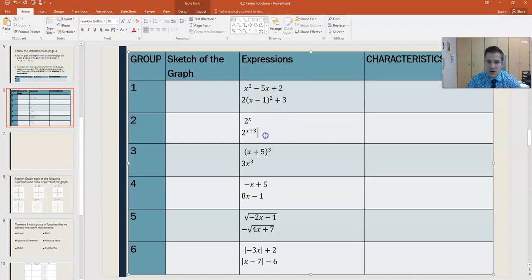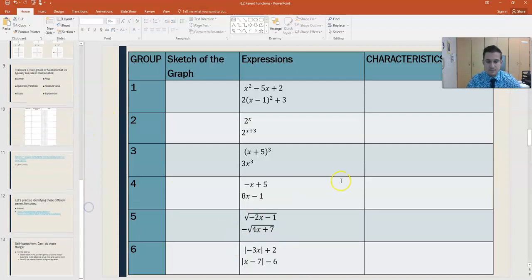They have x squareds. These would be exponential functions. These would be cubic functions. These would be linear functions. These would be root functions, or specifically here, square root functions. And these would be absolute value functions.